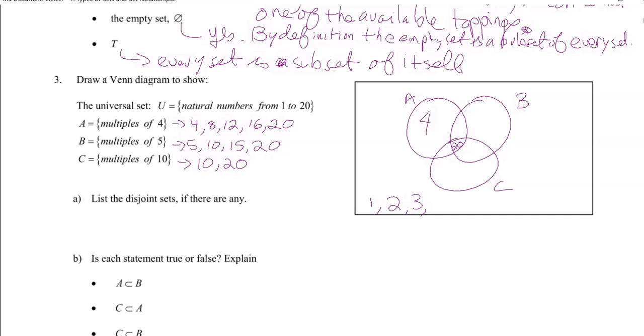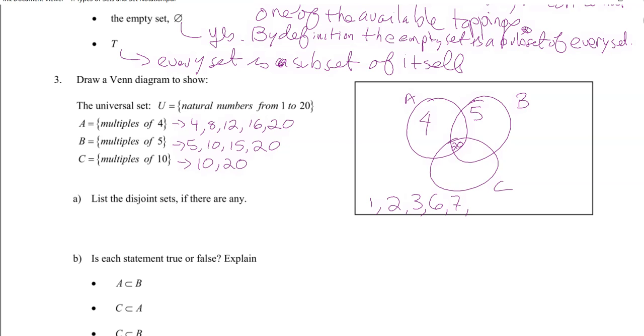It's only in A, not in B or C. Where does the 5 go? Well, only B, right? No overlap. What would we call this area here? A and B, right? It's in both A and B. Are there any numbers that are in both A and B? No. Okay. So we can start plunking down the rest of our numbers now.